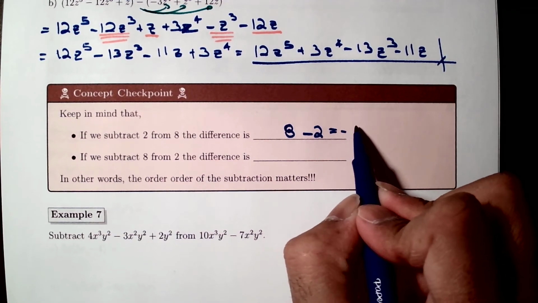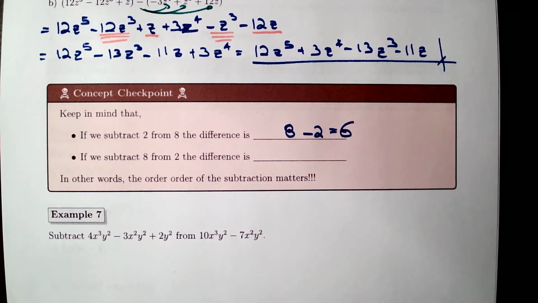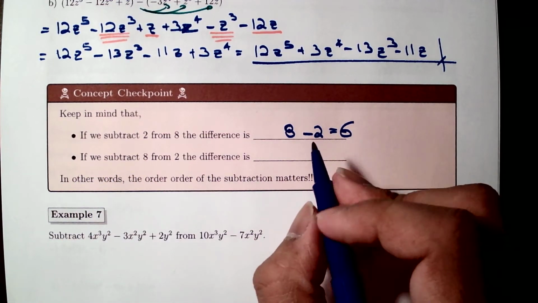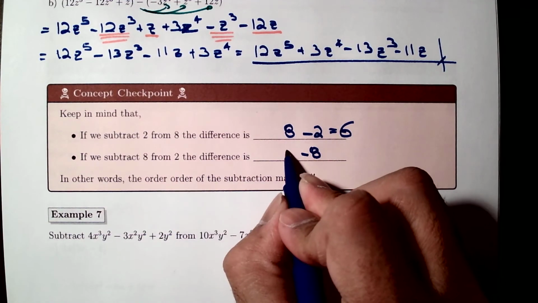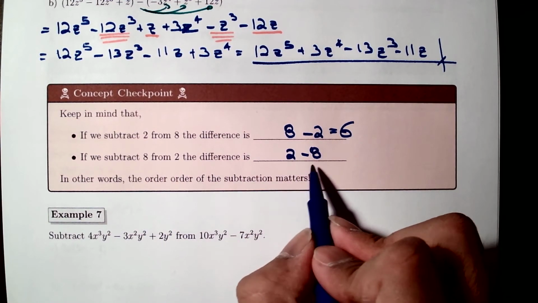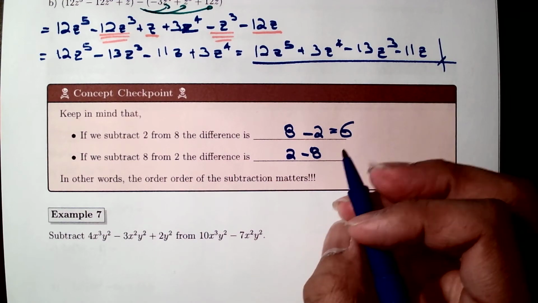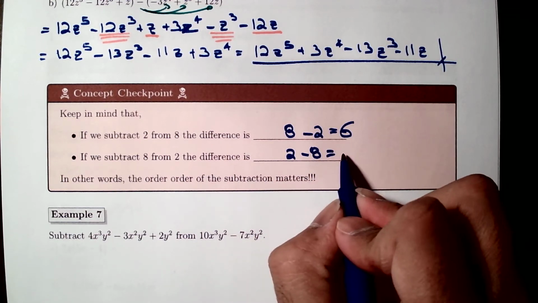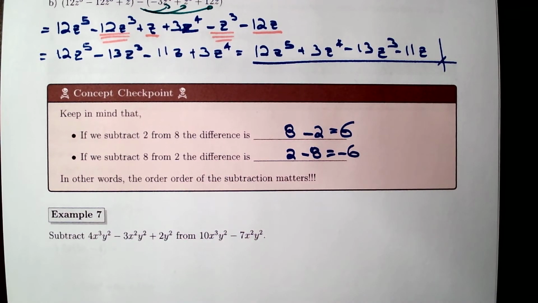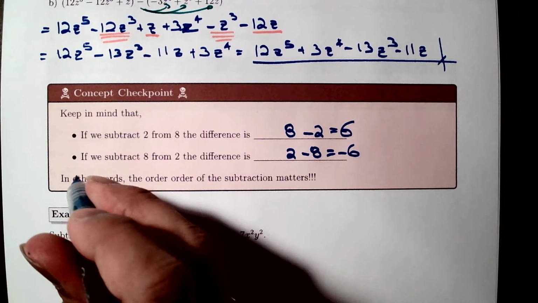That's going to give us a 6, positive 6. But on the other hand, if we subtract 8 from 2, the order of the difference is going to change. So 2 minus 8, that's going to give us negative 6.